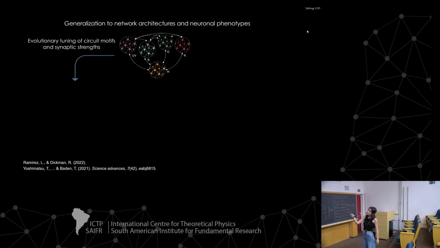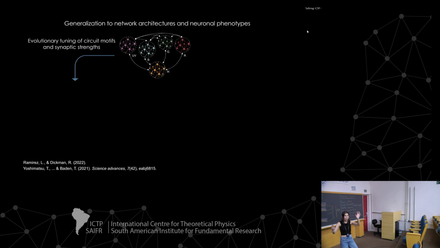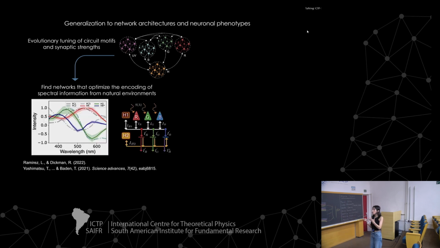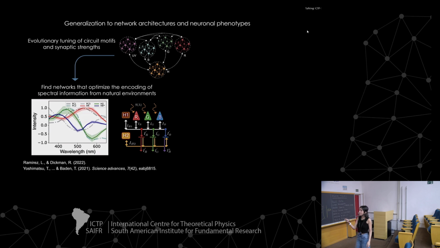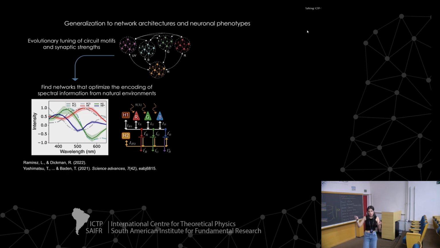The first one was to say, okay, let's play with networks. Let's try to include more neuronal types and change the weights between these neuronal types and see what's going on. I'm not going to tell you the whole thing, but I'm going to tell you the final result that we got. These excitatory cone populations can generate the three principal components that you normally find in the zebrafish environment, with the influence of two inhibitory populations, two horizontal cell populations.